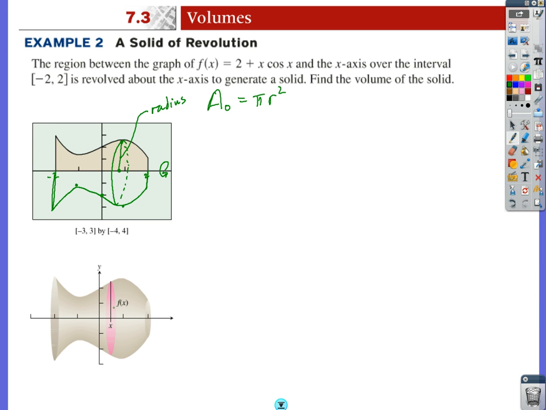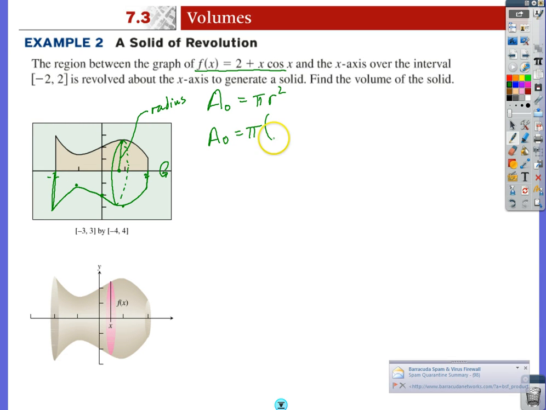Then how can I describe that radius in terms of x? Well, in this particular case, this radius is represented by the function f(x). So that means my area is equal to pi times my radius, which is (2 + x cos x) quantity squared.